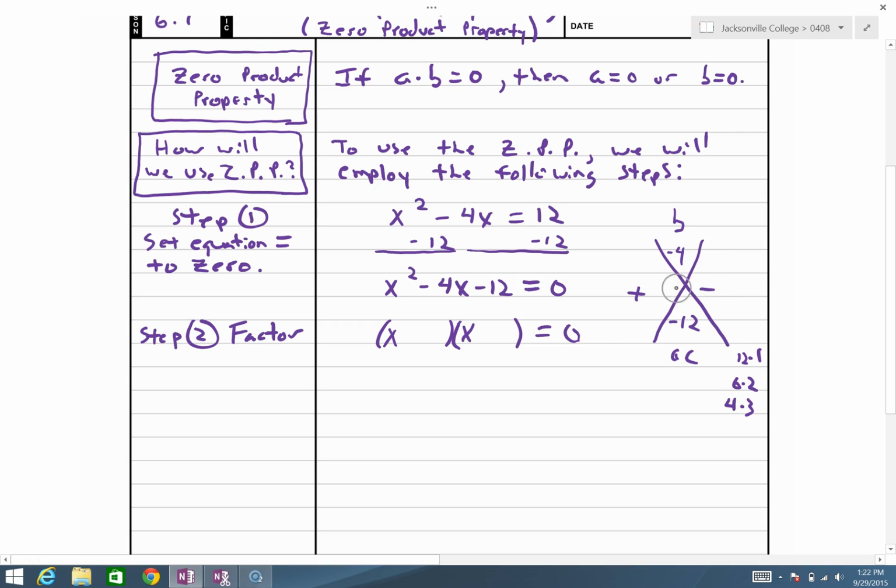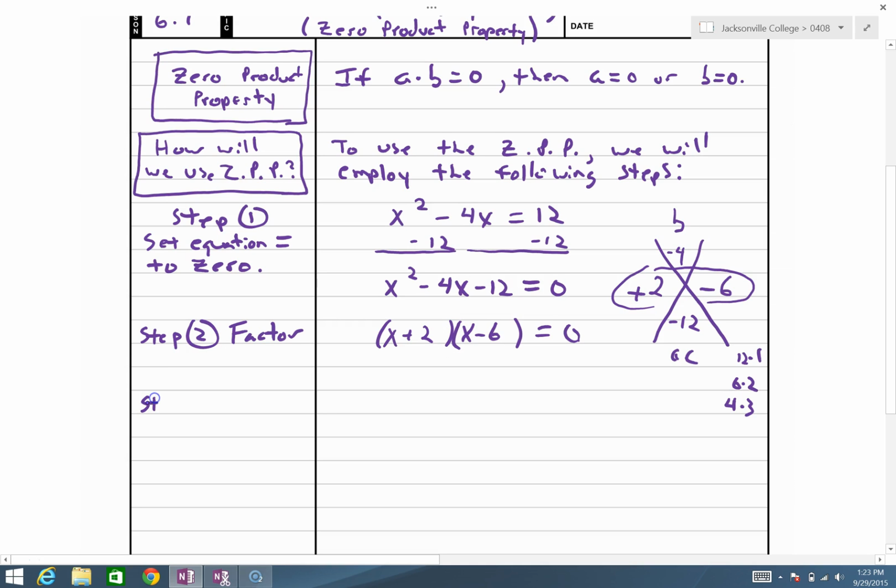And since I have a negative sum, I want the 6 to be negative and the 2 to be positive. Positive 2 times negative 6 is negative 12. 2 minus 6 is negative 4, or 2 plus a negative 6 is negative 4, however you want to look at it. So these are my constants, plus 2 and minus 6. That is step 2. I have factored.